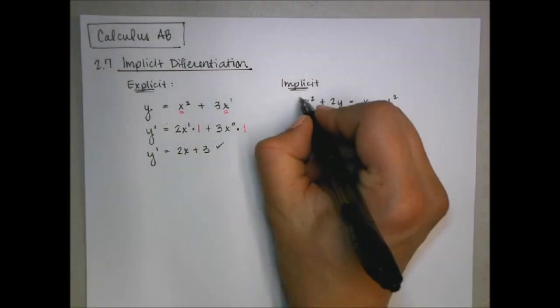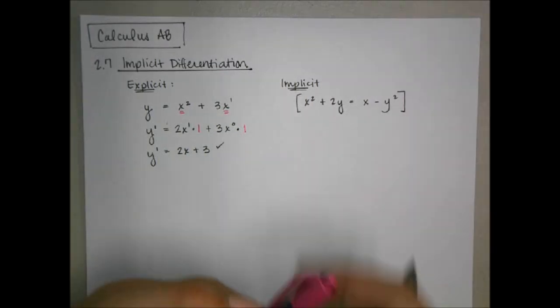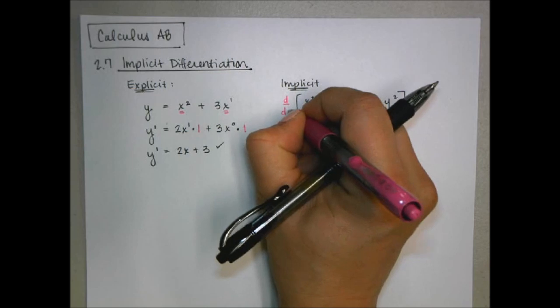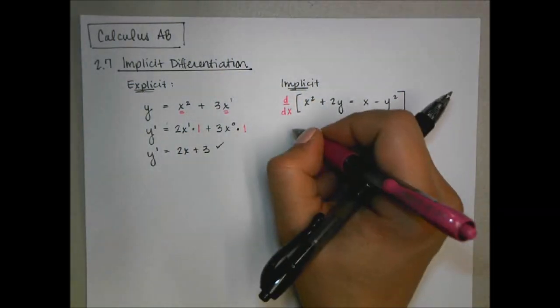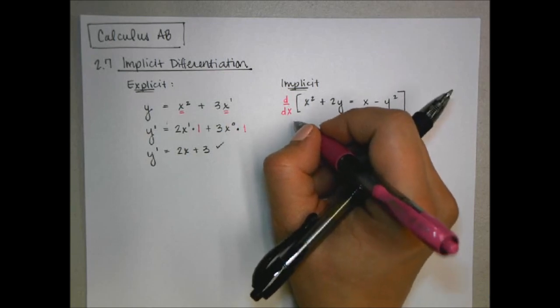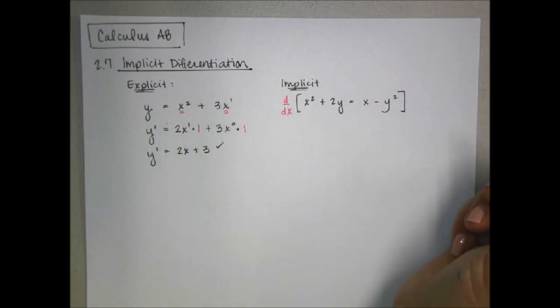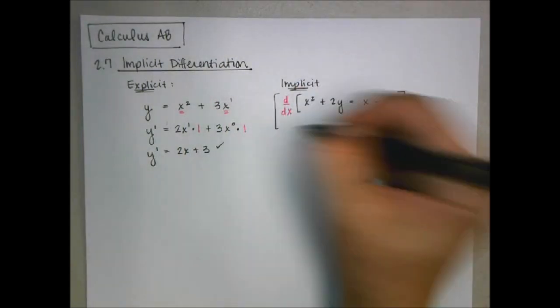Okay, so these are the problems that we will get to in our notes today. We want to be able to take the derivative of this function with respect to x. All right, so that's going to be important. We're always taking the derivative here with respect to x. So not y, but x. Okay.